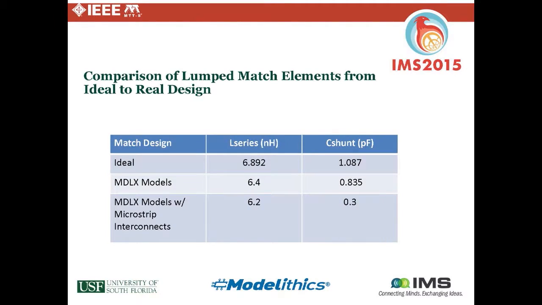Okay, so what about distributed matching? These are also called LC networks to some degree. This is a single stub tuning using a series transmission line and a shunt open stub. If you break it down in steps, we start at the load, for an arbitrary load, RL plus jXL.